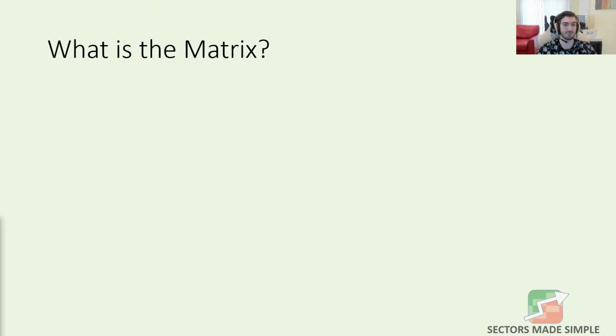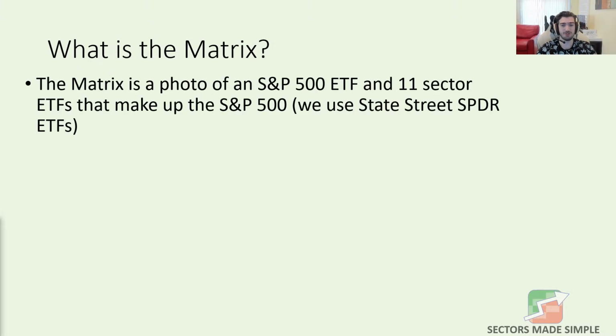So, what is the matrix? In a very simple explanation, the matrix is a picture. We take a picture of the market every day using the S&P 500, well, an ETF of it, exchange traded fund, and 11 different market sectors such as technology, real estate, industrials, energy, and so on.